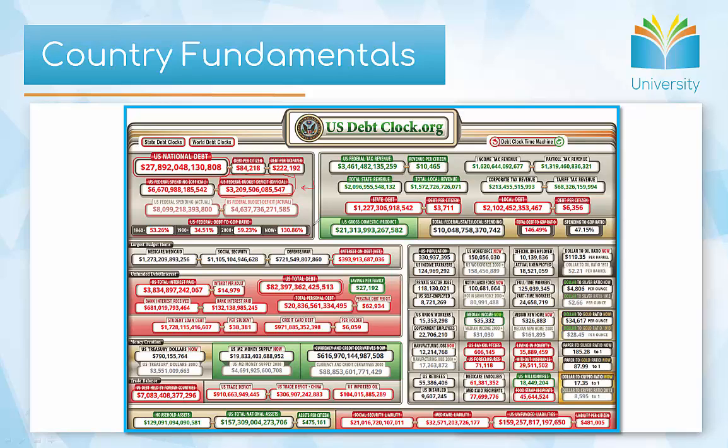And the US government does the same thing. They sell what are called US government treasury bills, treasury bonds, treasury notes. These are them borrowing money. So what do you have to do when you borrow money? Well, you have to pay interest on that. And the US government and all governments, when they borrow money, they pay interest.